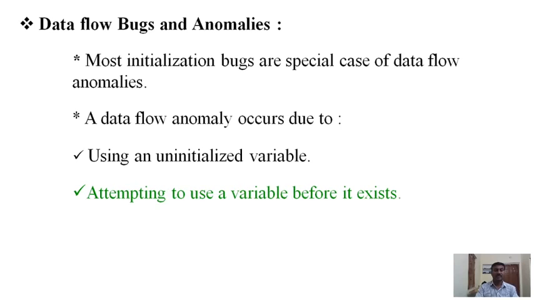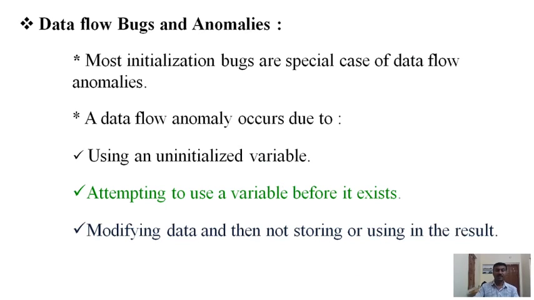The second one is attempting to use a variable before it exists. If you use a variable before it exists, it also creates data flow anomaly bugs. The next is modifying the data and then not storing it or using it in the result.